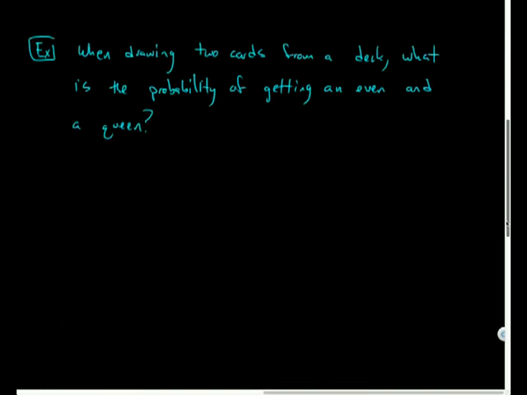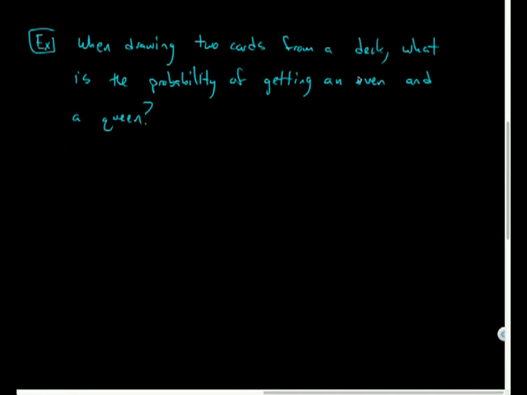Let's see, last example. When drawing 2 cards from a deck, what is the probability of getting an even and a queen? This didn't say if it was 1 card after another. I could reach into the deck and grab both cards simultaneously. But I want to say that this is the same as drawing an even, then a queen, without replacement.